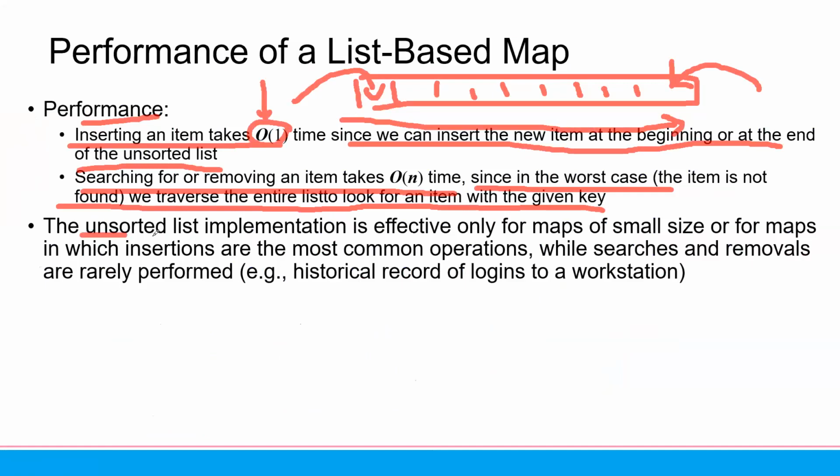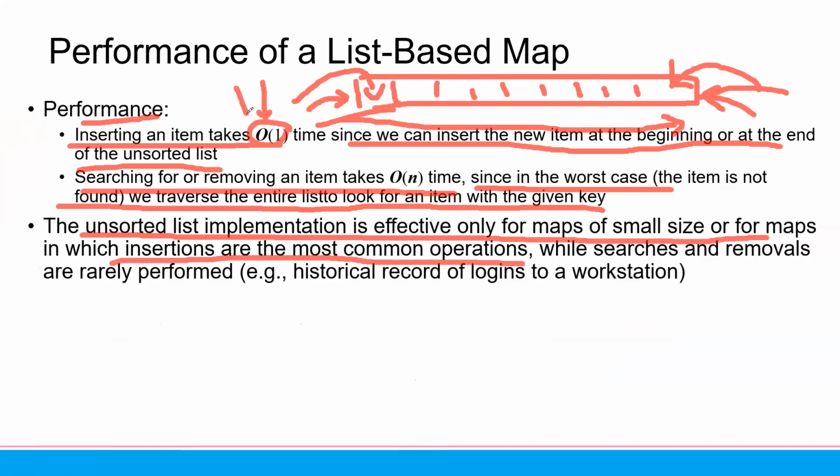So the unsorted list implementation is effective for small maps, or maps in which insertions are the most common operations. If we have a list-based map like this one and we have many insertions, then it is good because it takes O(1).